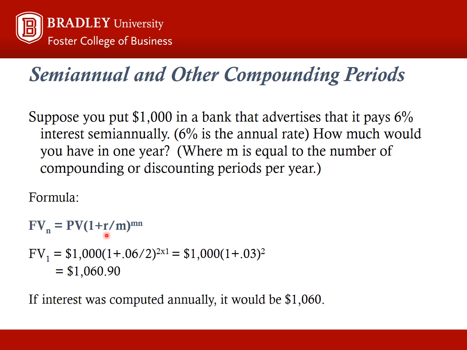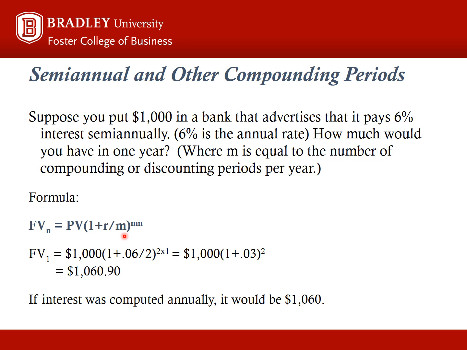But instead, since it's going to be compounded semi-annually, we've got to take that annual rate, which is 6%, and turn it into a semi-annual rate. So the number of compounding periods per year for semi-annual interest would be 2, right? So M is equal to 2.